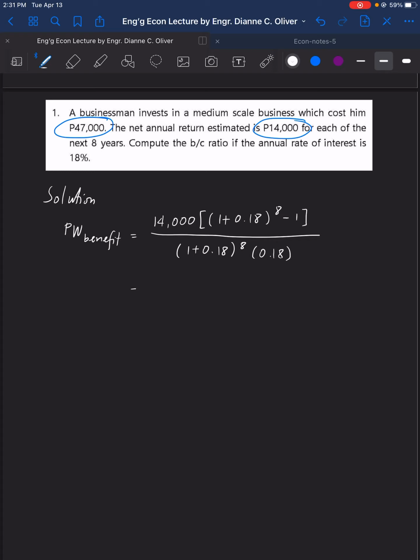So we have here the value of the present worth of benefit equal to 57,085.92 pesos.